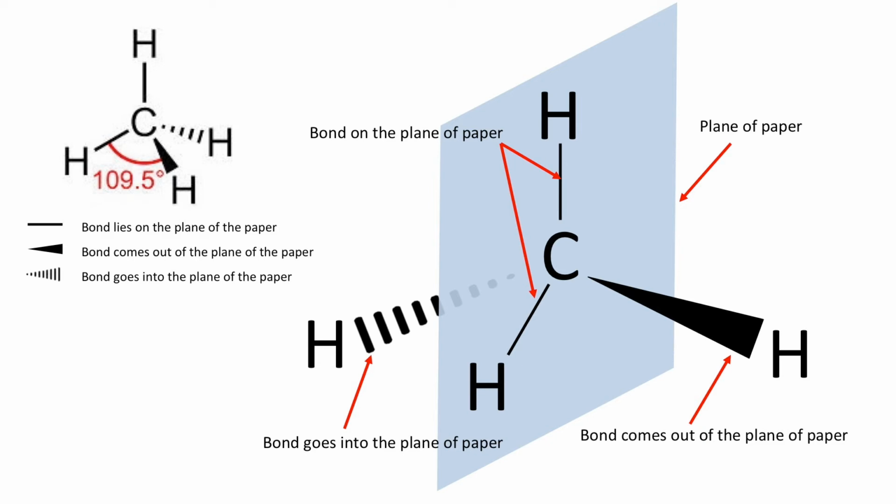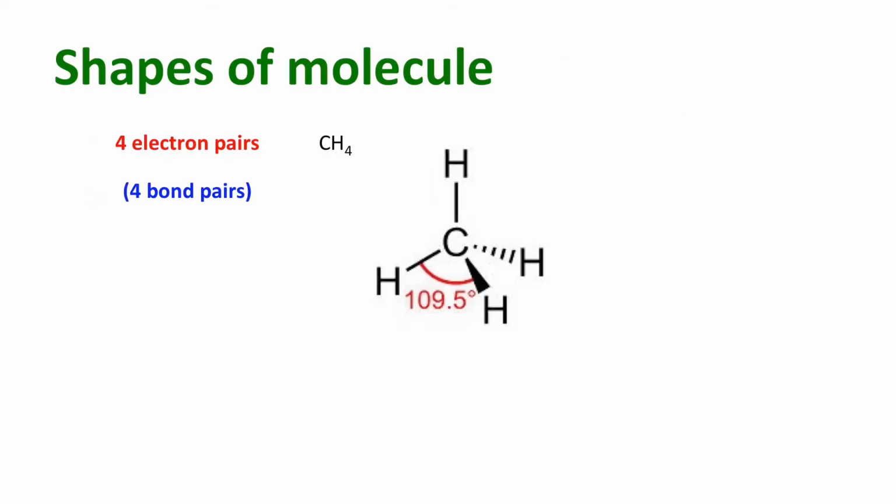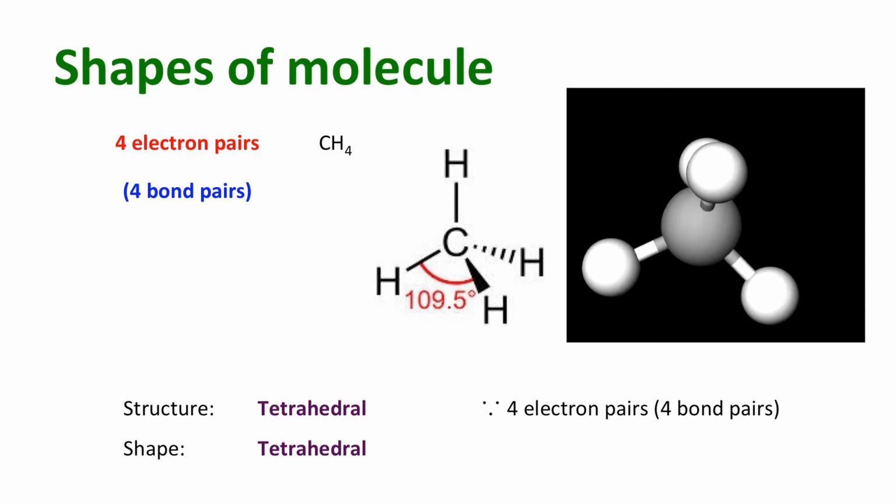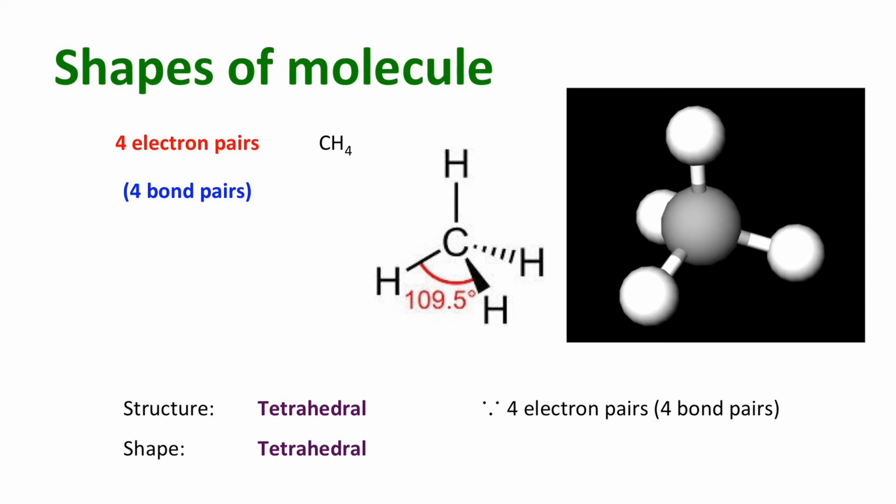So the molecule is a 3-dimensional structure. The bond angle between CH bonds is 109.5 degrees. It's more than the 90 degrees shown in the 2-dimensional one. So we can assume that the 3-dimensional one is better. The structure for 4 electron pairs is tetrahedral, and the shape is also tetrahedral. And you can see the animation for the methane molecule.